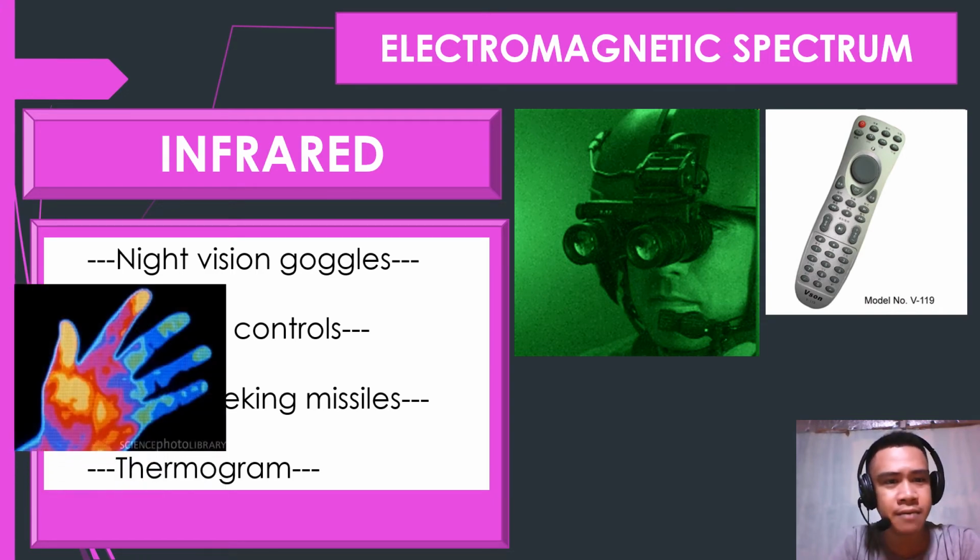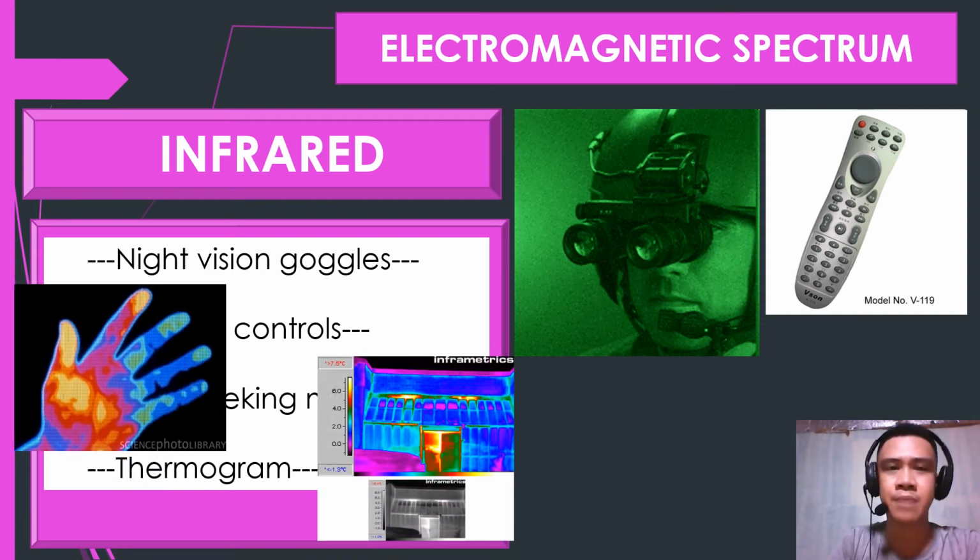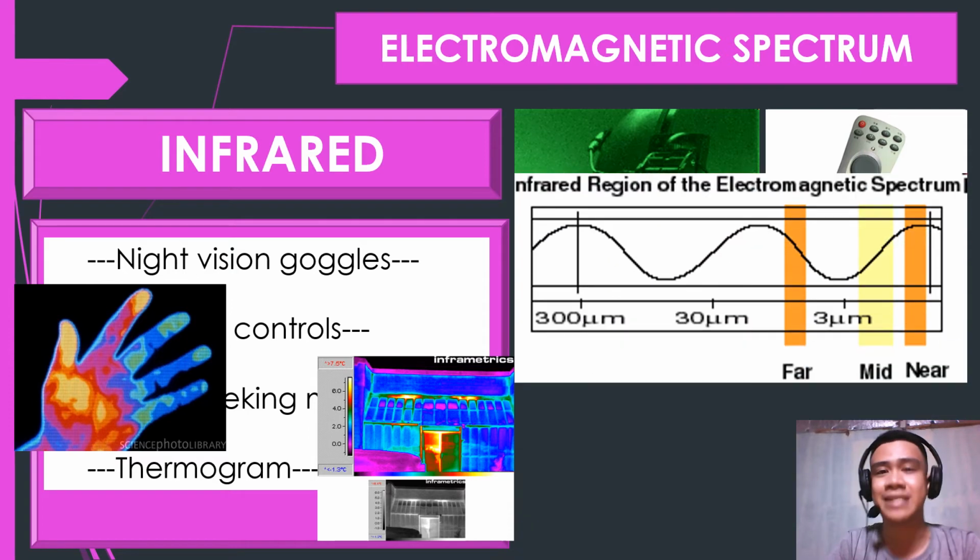Also we have the thermogram, a picture that shows regions of different temperatures in the body. Temperatures are calculated with the amount of infrared radiation given off. Therefore, people give off infrared rays, and heat lamps also give off infrared rays.